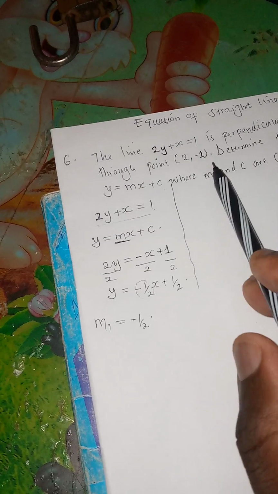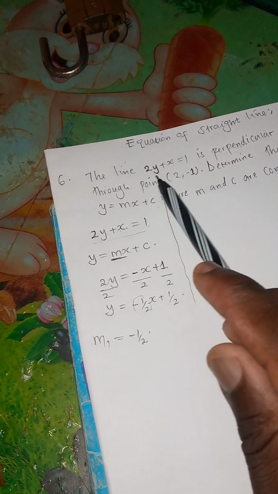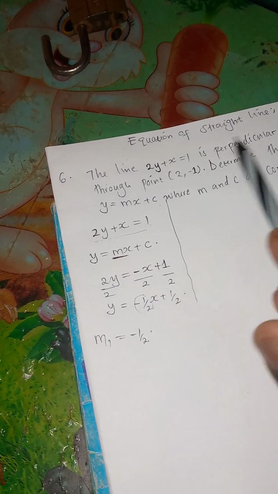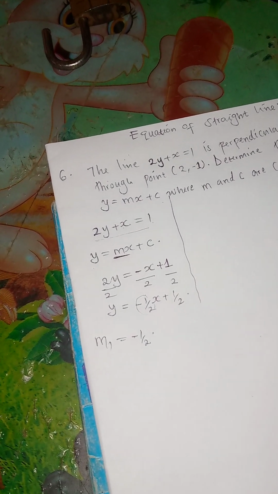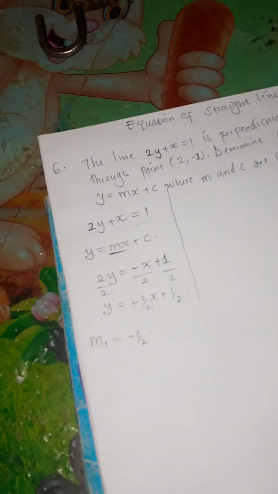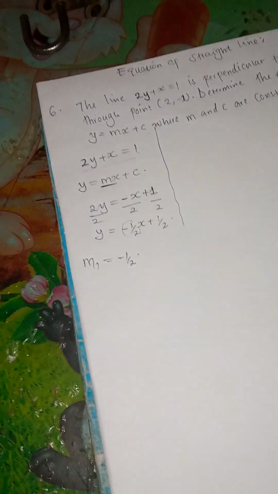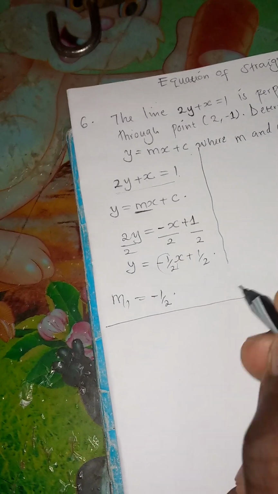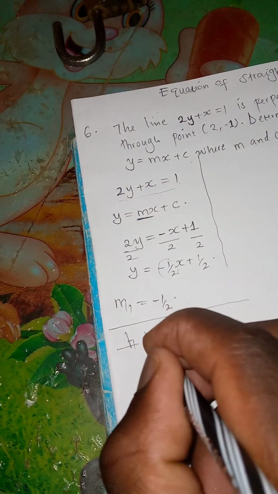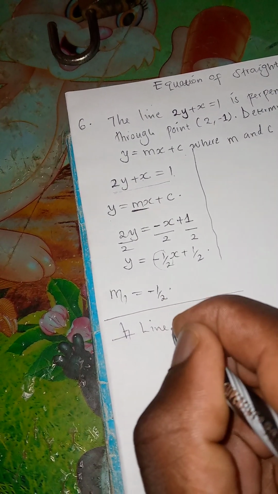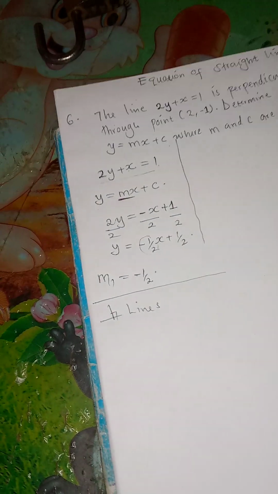Now, to get the gradient of line L, we are told this line whose equation is given is perpendicular to line L. So we have to bring in the relationship of perpendicular lines. We know that for perpendicular lines, the product of the gradients equals negative 1.